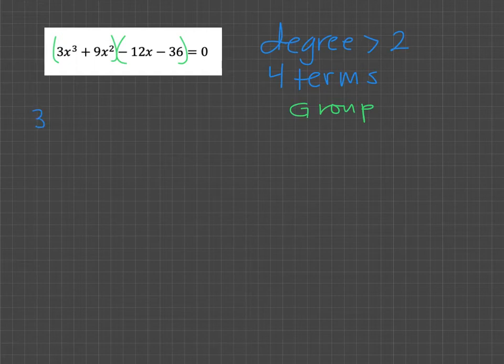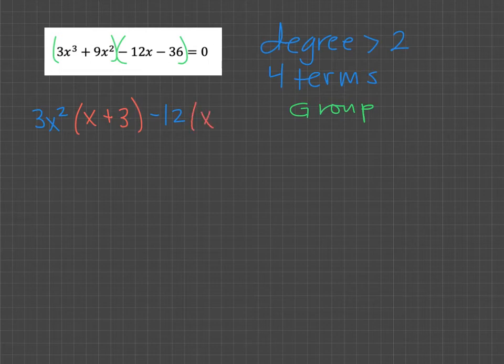Well, there's a 3x squared that goes into both of those terms. We're left with just an x from the 3x cubed and a plus 3 from the 9x squared. From the second group, the greatest common factor is a negative 12, and we are going to be left with positive x.